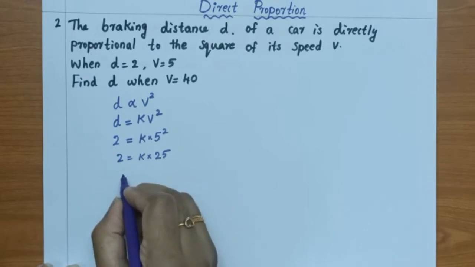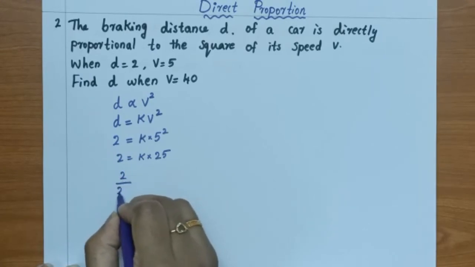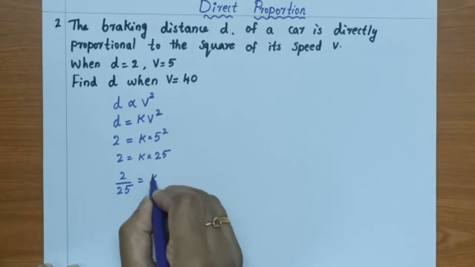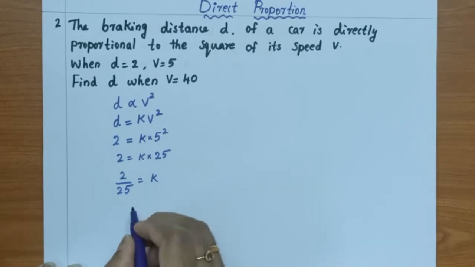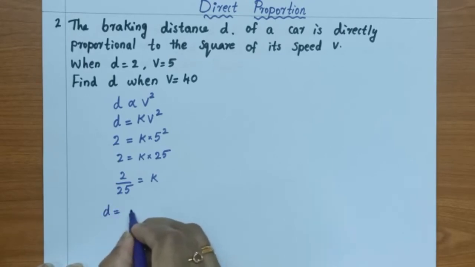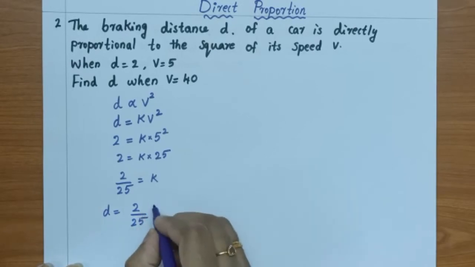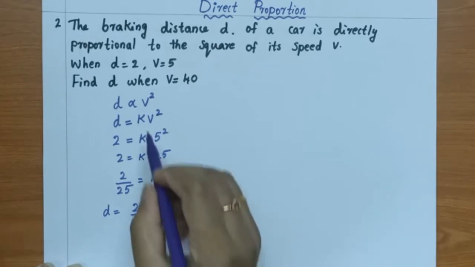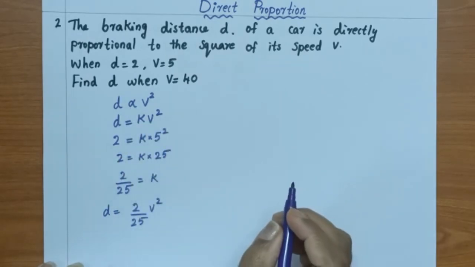Then k equal to 2 by 25. So the value of k we got is 2 by 25. We can rewrite the equation, that is d equal to 2 by 25 v square. Then find d when v equal to 40.